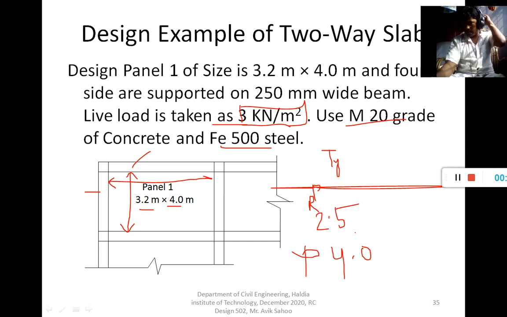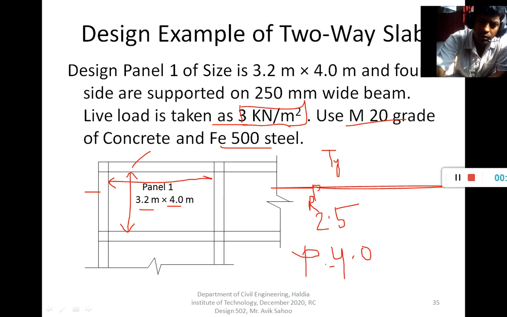If the live load is not given and only the type of building is mentioned, then for a residential building consider live load 2.5 kN per meter square, and for public building the live load you consider 4 kN per meter square.